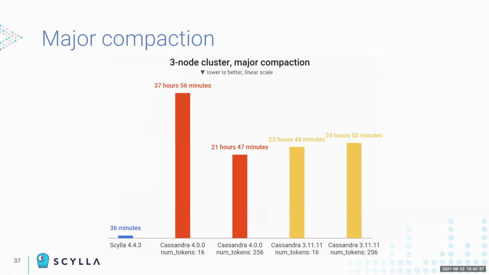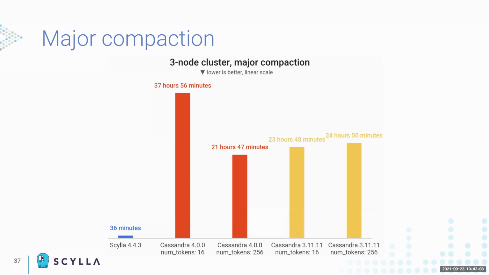Okay, and this is the interesting slide, the major compaction time. The major compaction, as you can see, is where Scylla's sharded architecture can really shine. As you can see on the slide, the difference, I don't remember the exact number, but I think Cassandra is about 50 times slower here.